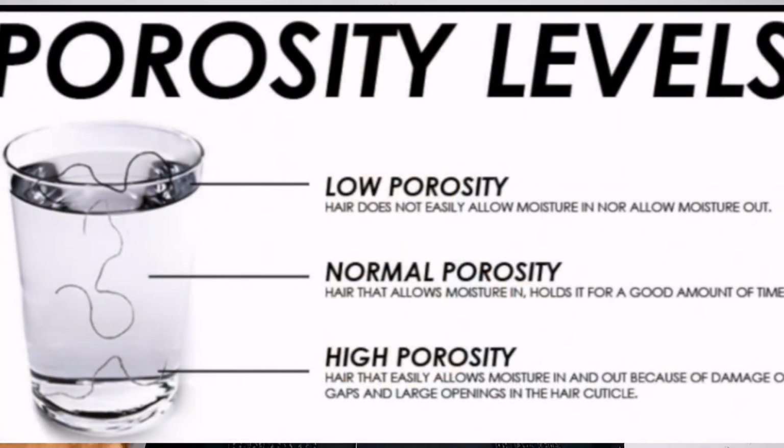So you get a clean hair strand and put it in a transparent cup or glass of water, and let it sit for 5 to 10 minutes. If your hair is still floating on the surface, then you have low porosity hair. If your hair is somewhere around the middle, you have normal porosity hair. And if your hair just sinks straight to the bottom, you have high porosity hair.